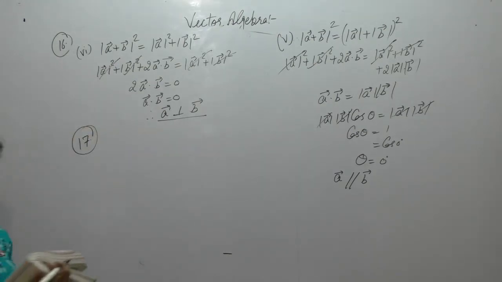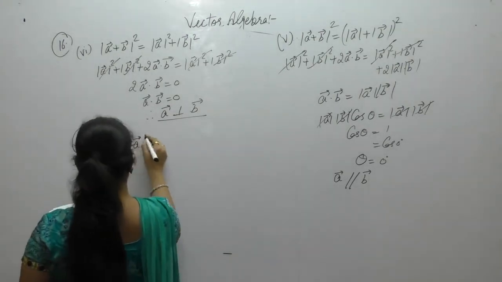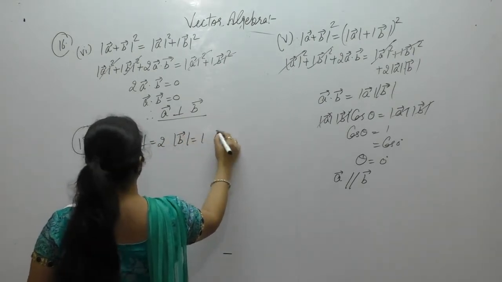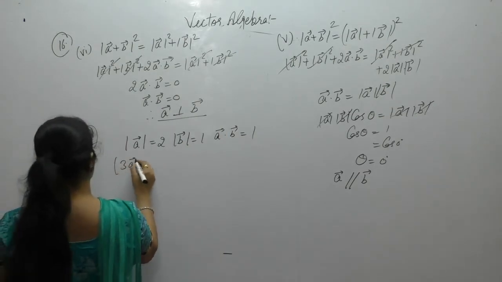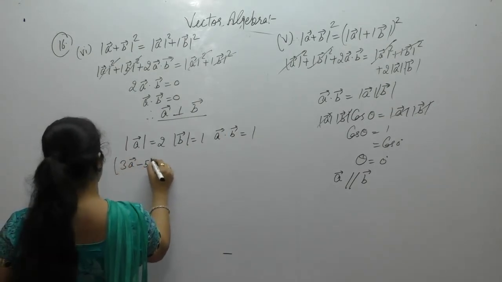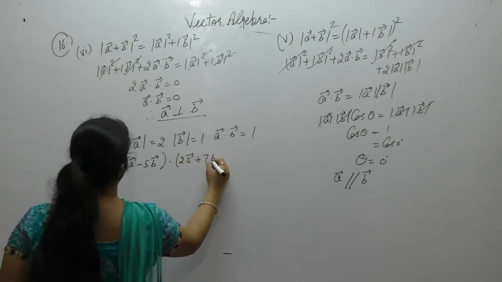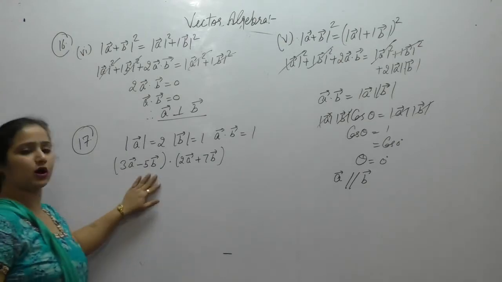Now the next one: if two vectors A vector and B vector are such that magnitude of A vector is 2, magnitude of B vector is 1, A dot B is 1, find 3A vector minus 5B vector dot 2A vector plus 7B vector. Now we have to find the value of this dot product.